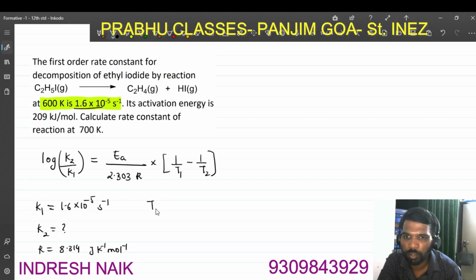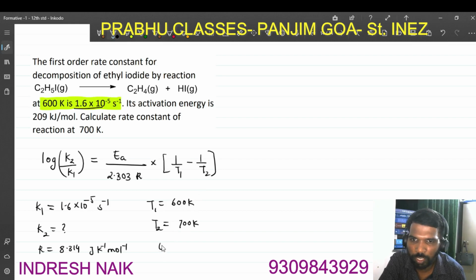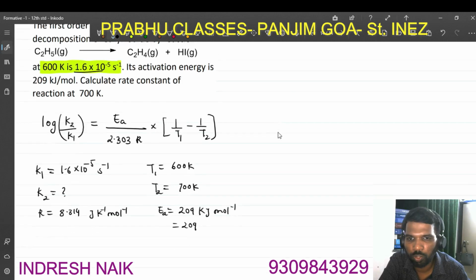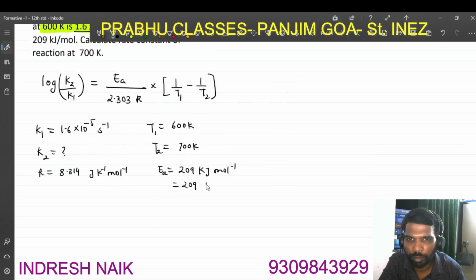T1 is directly given in Kelvin, that is 600 Kelvin, and T2 is given to be 700 Kelvin, no need of conversion. Activation energy is also given, that is 209 kilojoules per mole. We'll take this in joules per mole, so that is 209 into 10 raised to power 3 joules per mole.